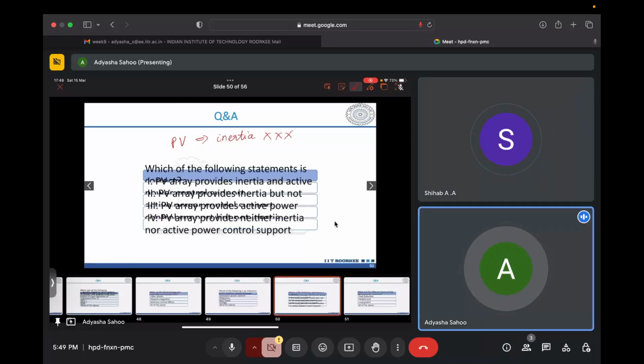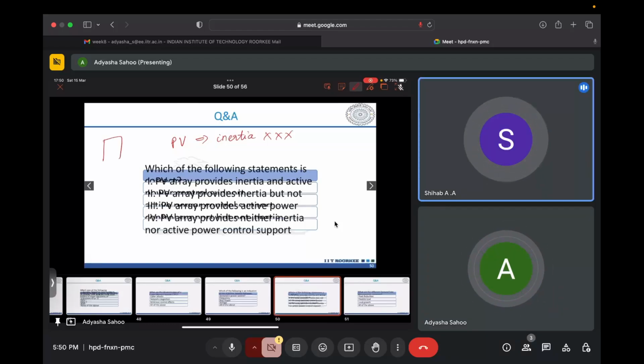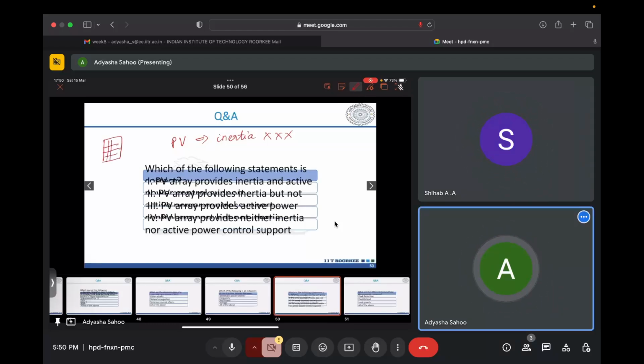What component are you using? In PV you have no generator connected, while wind has a machine. Wind is connected with the DFIG and it directly gives you AC power.